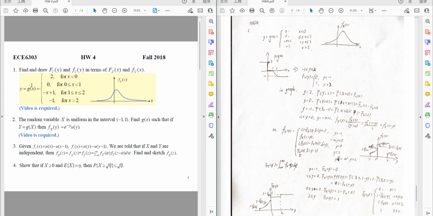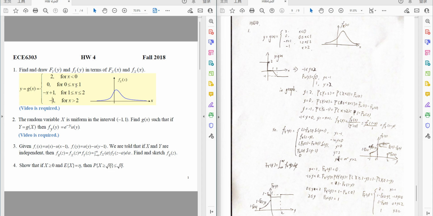And we're shown that the function of Y to X, which is g(x), equals this. When x is before 0, y is equal to 2.